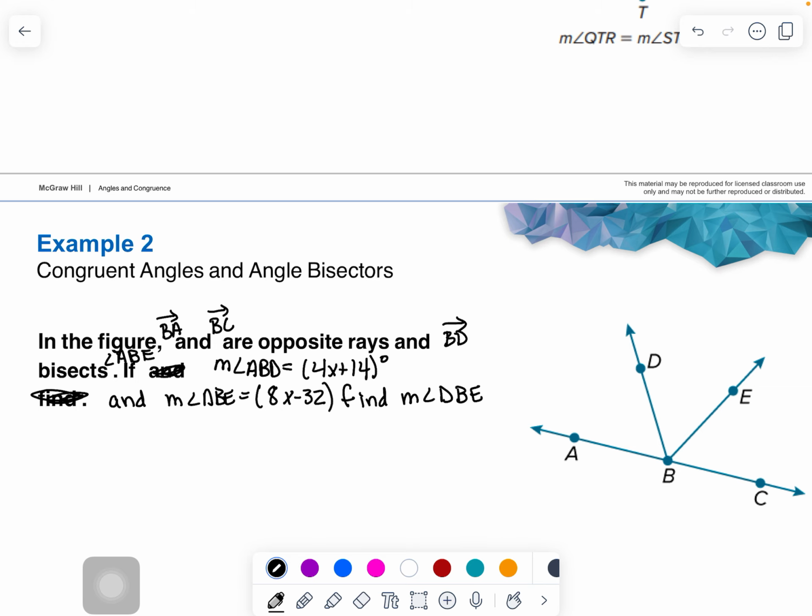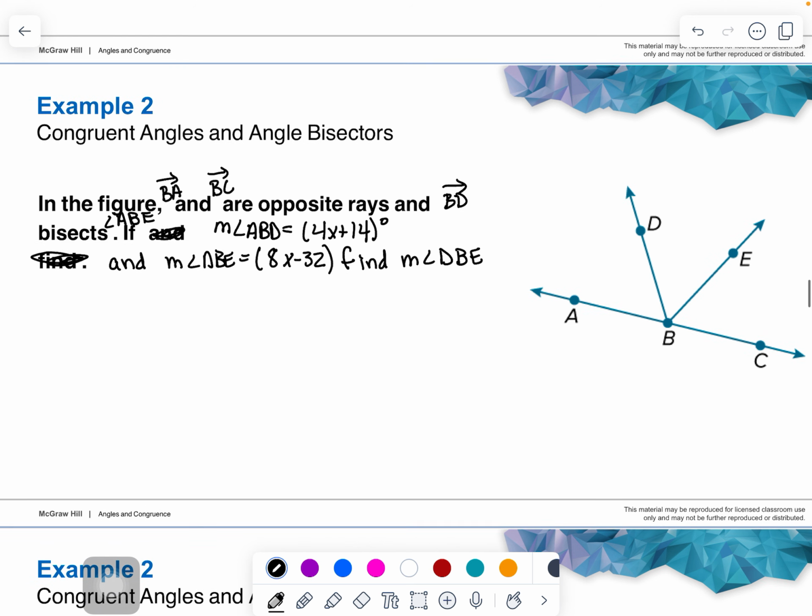Okay. What I want you guys to see here is that they've given you this diagram. Beautiful. But even if they hadn't, you could have drawn this. They've given you all the information you need in here to do this. So what you need to do is draw on it.